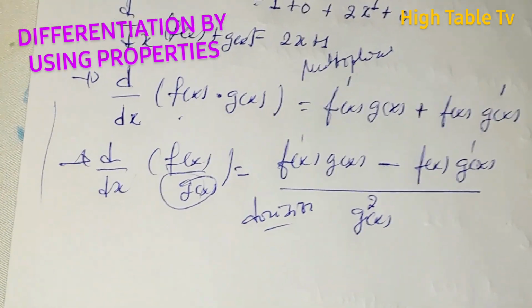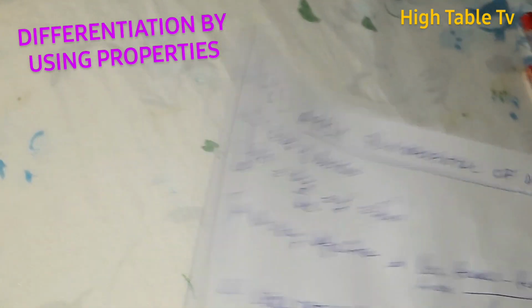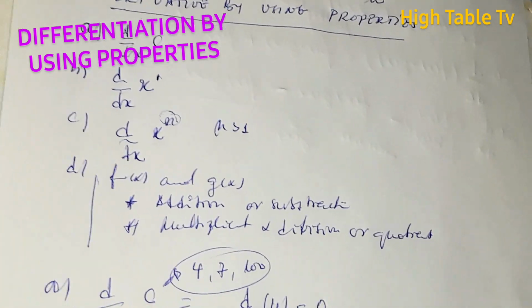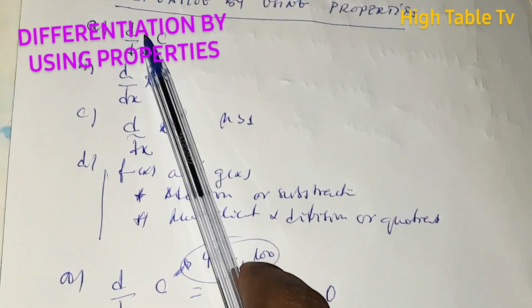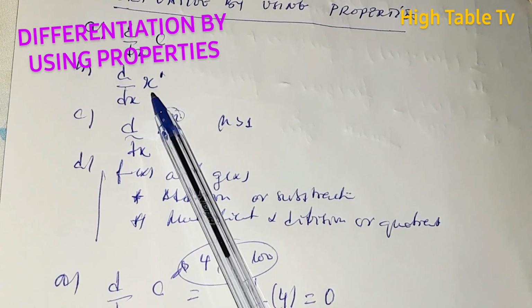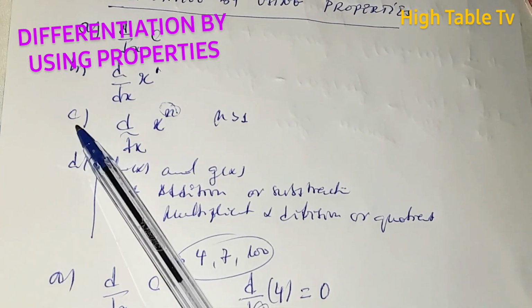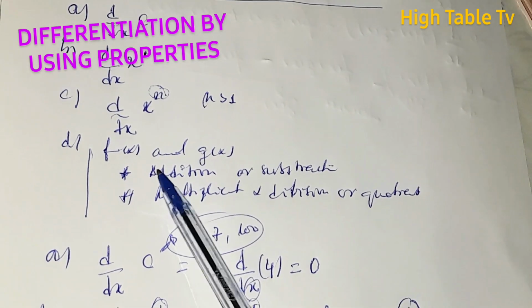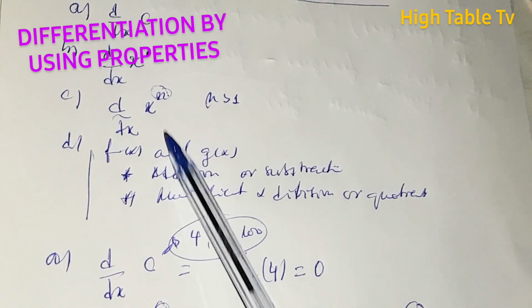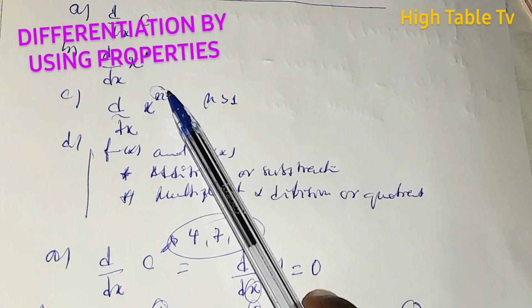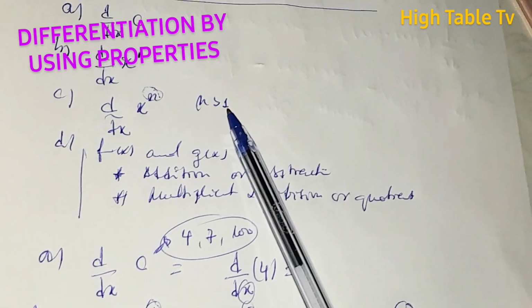So for today, as I have told you, we have talked about the properties. The first one is when you have a constant, and the second property is when you have a given linear equation, which depends on the unknown variable x. The third property is when you have a given polynomial function, with n greater than 1.